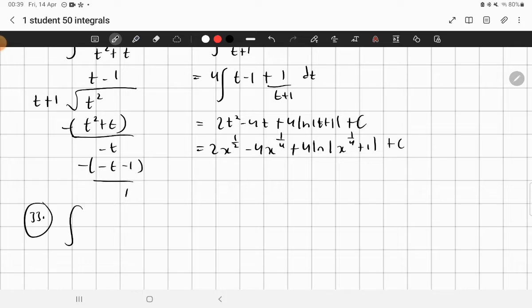We have the integral of 3x to the power of 3 minus x squared plus 6x minus 4, divided by x squared plus 1 times x squared plus 2. Alright. So this is a proper integral. Let me drink some water. And we can't factor out the denominator.